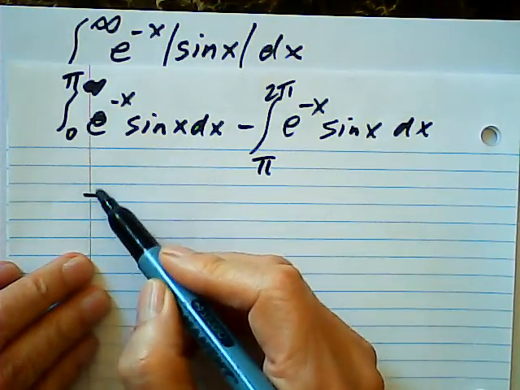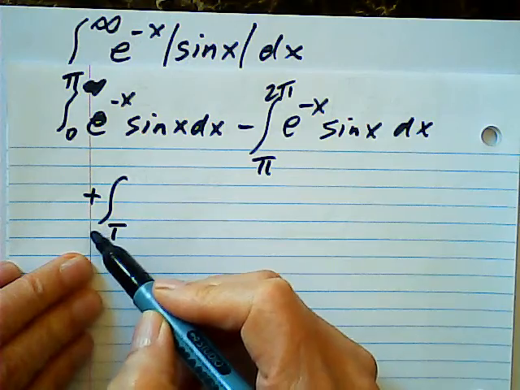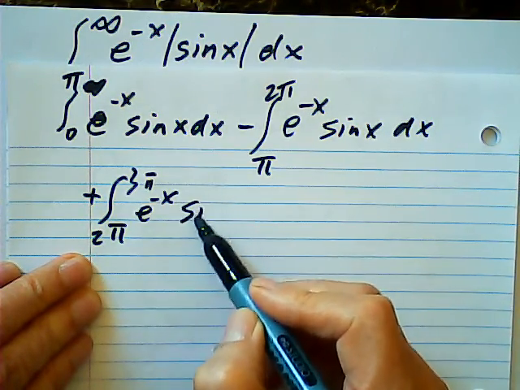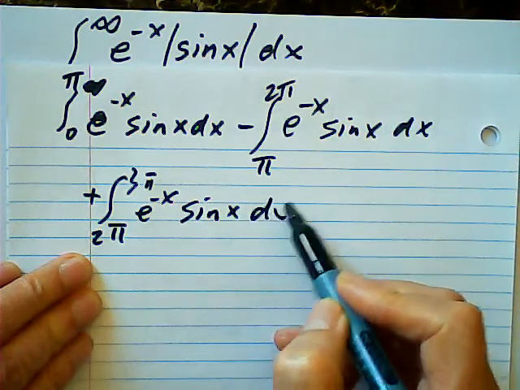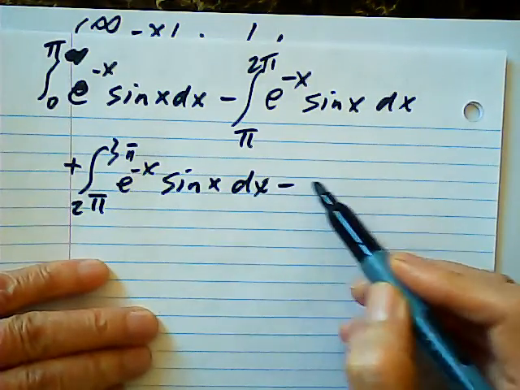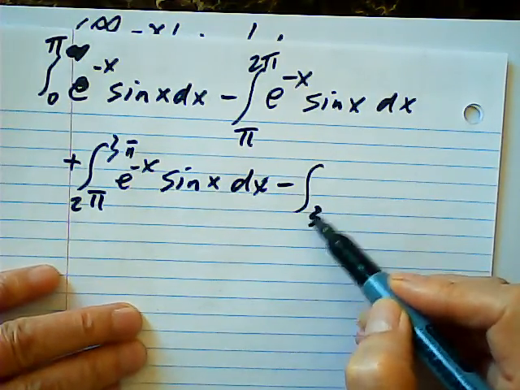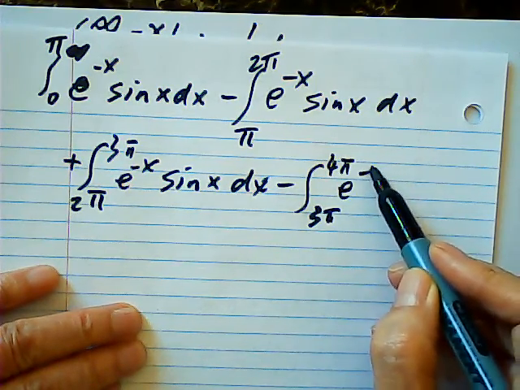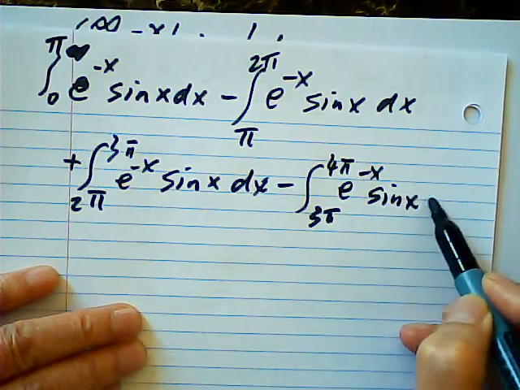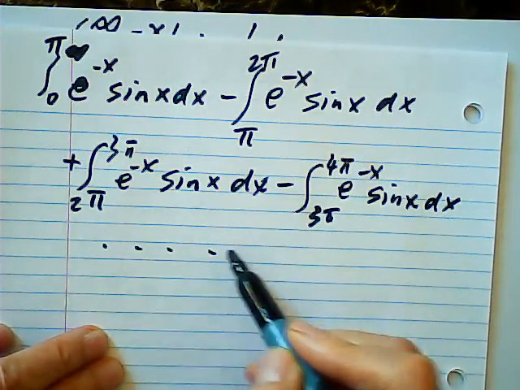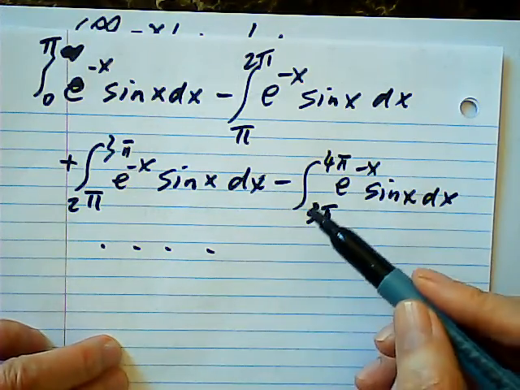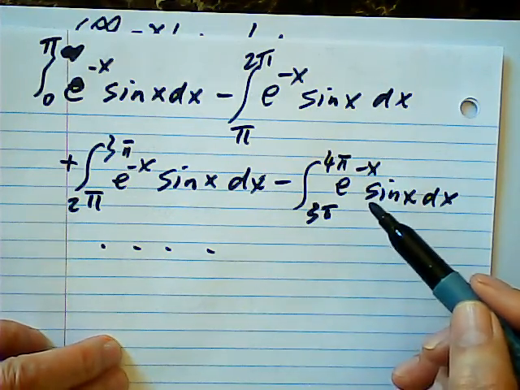And then from 2 pi to 3 pi, sine is positive. And then from 3 pi to 4 pi, sine is negative again. And so on. It's alternating the sign for each interval of a pi.